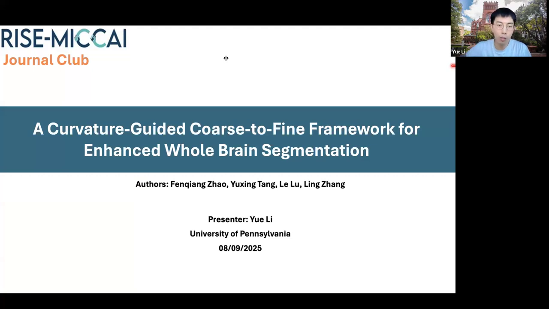Today I will introduce this paper, a curvature-guided coarse-to-fine framework for enhanced whole brain segmentation. It was published at MICCAI last year, and the authors are from the Dalmor Academy and the Hupan Lab in Hangzhou, China.